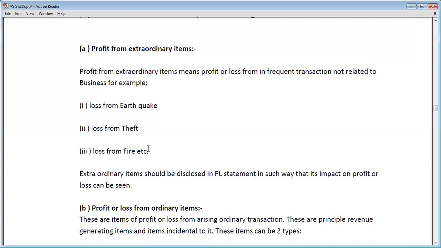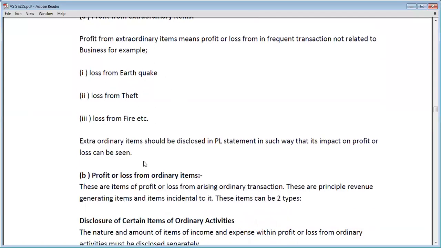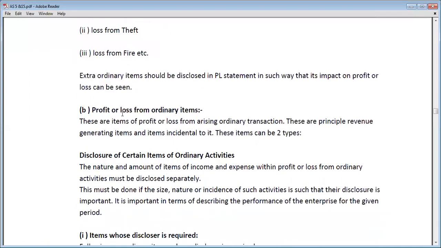You should classify your total expenses into extraordinary items and ordinary items, so you can clearly show the investors that there is a loss from earthquake, there is a loss from theft, there is a loss from fire, etc. Extraordinary items should be disclosed in the P&L statement in such a way that the impact on profit or loss may be seen. तो आपको इनको इस वे में डिस्क्लोज करना चाहिए कि आपका एक्चुअल सिचुएशन क्या है आपके प्रॉफिट एंड लॉस की, that can be seen.